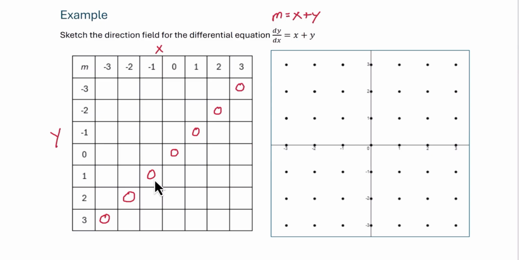And then we can just choose another spot from there. Say 2 plus -3. That would be -1. 1 and -2 add to -1. And again, that -1 pattern continues. Next, we have 1 plus -3. That's going to give us -2. 0 plus -2. Again, we see a pattern here.